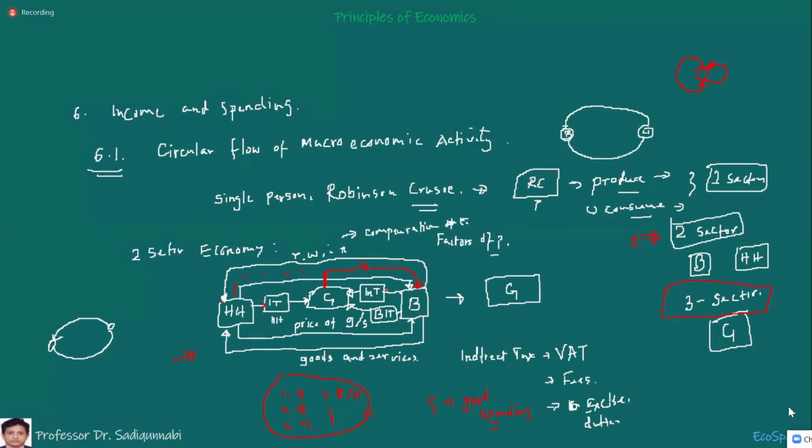Okay, so this ends our class for today. We are going to start our next class with 6.1.2, that means the 4-sector economy.